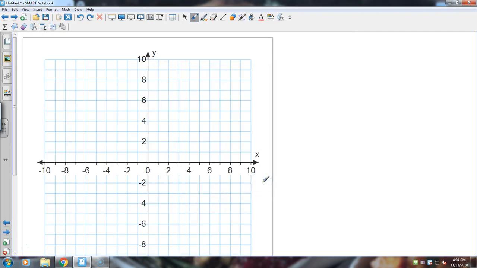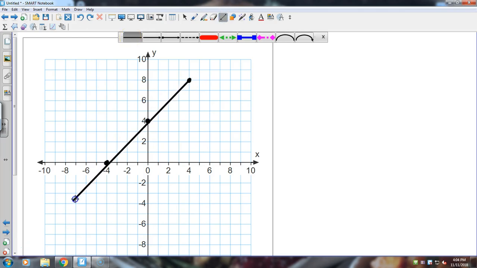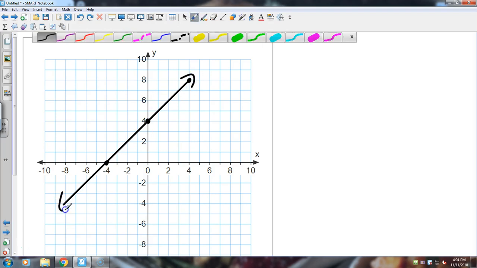If I have this line right here, and I wanted to find something that's perpendicular to it, well, again, I would need to find the slope, and I've done the math on this one, so I can speed it up just a little bit.